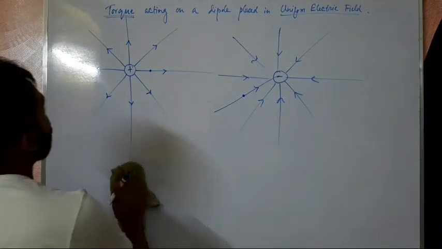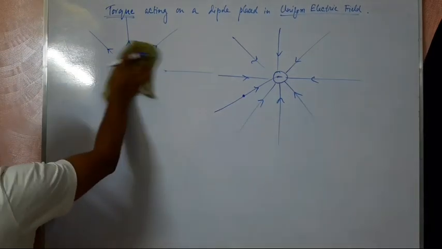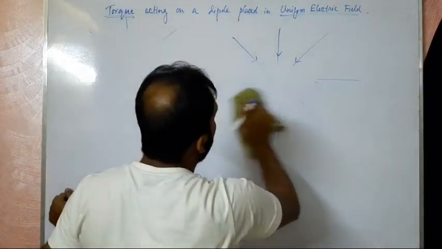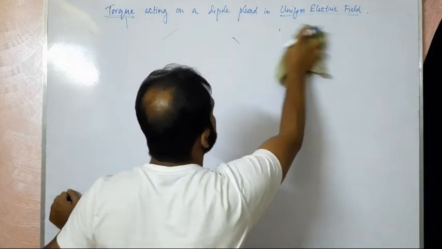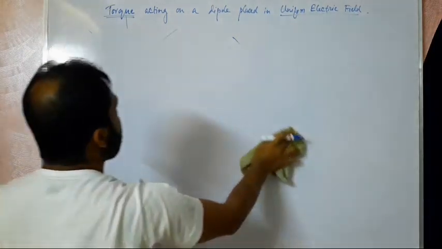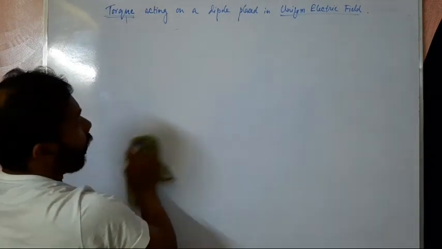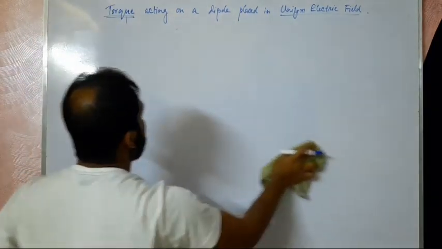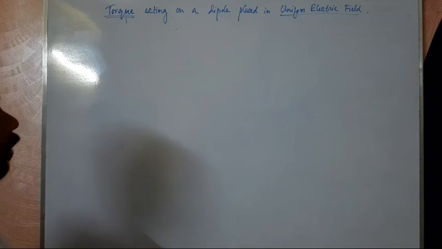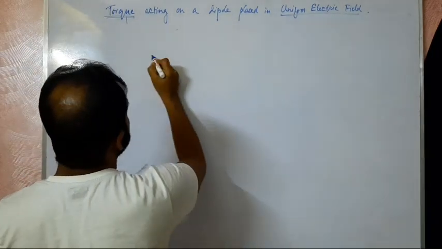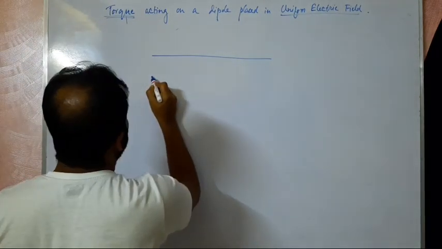Now, why do we require this concept of electric lines of forces? Because a uniform electric field we have to represent by the lines of forces. When the electric field is uniform, then the lines of forces will be parallel to each other.